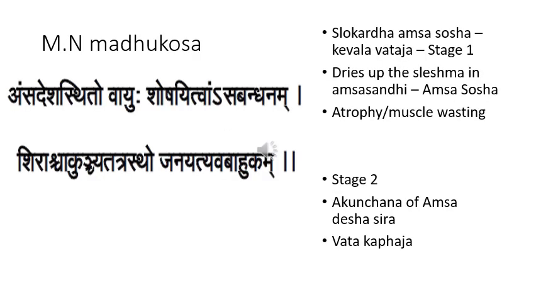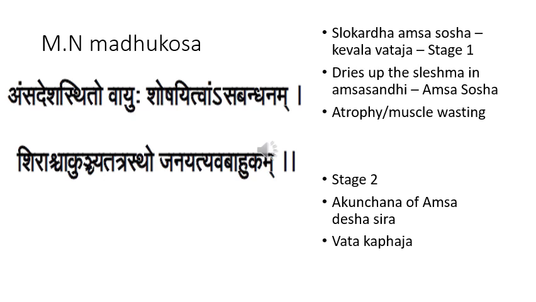Now we will go through the explanation given by various acharyas, and first we will consider the Madhukosha commentary of Madhava Nidana. It says: Amsa desha sthito vayu shoshayitva amsa bandhanam sira kunchas tatrasto janayet apabahukam. It is sira akunchana. We can consider the sloka in two halves. In the first half, it is Amsa shosha.